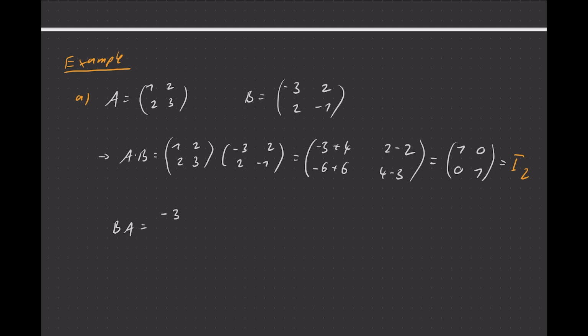What about BA? Now BA, that is minus 3, 2, 2, minus 1. That's the matrix B times A. A is 1, 2, 2, 3. And again, let's do the computations. First row, first column. That is minus 3 plus 4 again. Second row, first column. 2 minus 2.